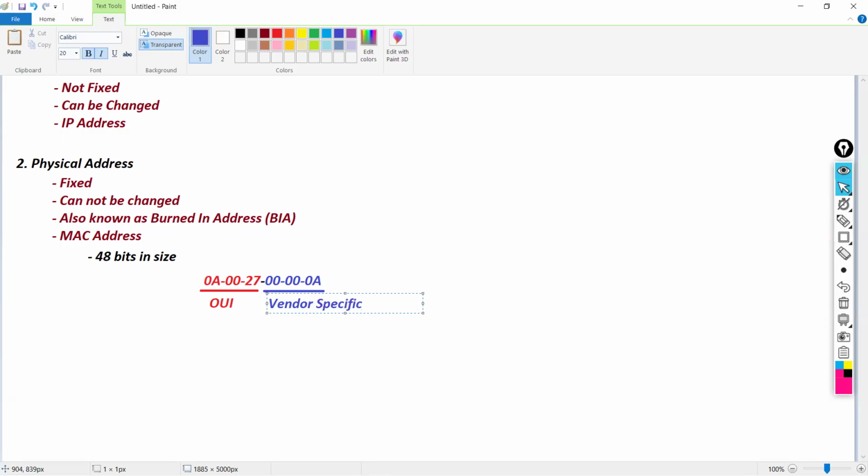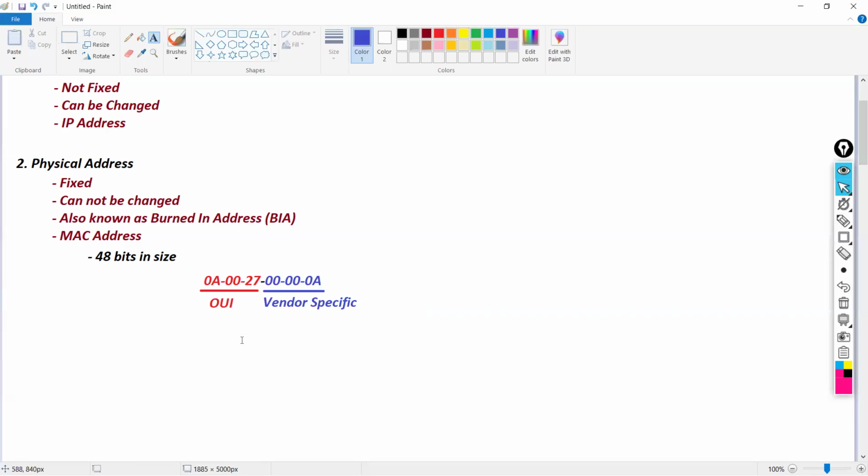See, your MAC address is unique. Whatever is the MAC address of your device, no device in the entire world has the same MAC address. So it is unique. This is clear. Now, what is OUI?